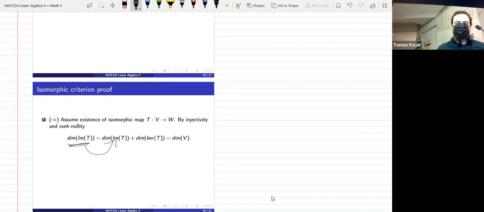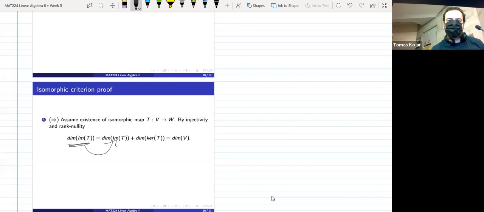Now, can someone tell me how I go from left to right? What property are we using here? Can you just say the word? Anybody? Yes.